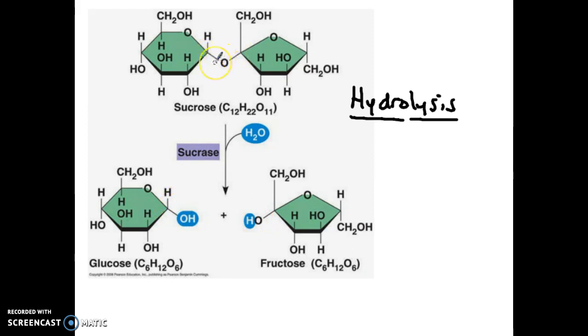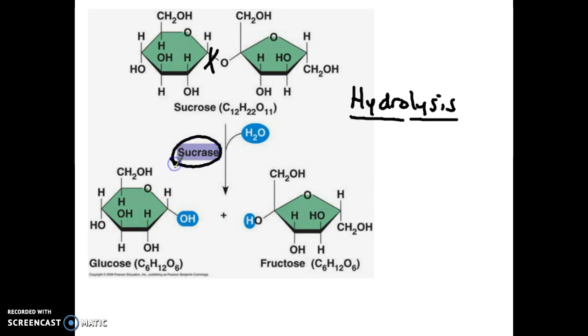That was our glycosidic bond. With hydrolysis, this bond breaks. Now this oxygen, which has been separated, needs to fill its outer energy level of electrons. So the hydrogen from within the water will fill that void. The OH will go back to where it originally was on glucose. And this is referred to as hydrolysis.